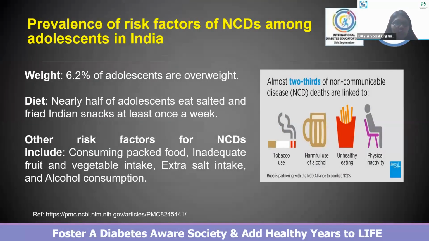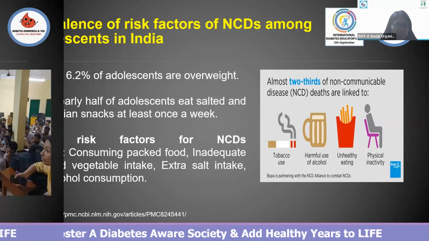Weight: around 6.2% of adolescents are overweight. Nearly half of adolescents eat salted food, fast food, and snacks at least once a week. Other risk factors are consuming packed foods, inadequate fruit and vegetable intake, extra salt, visible or invisible, and alcohol consumption. All these are risk factors.